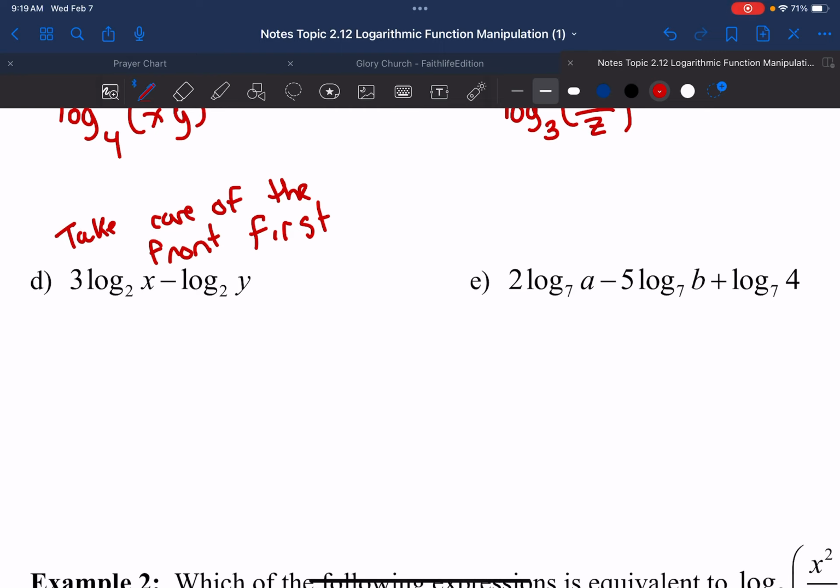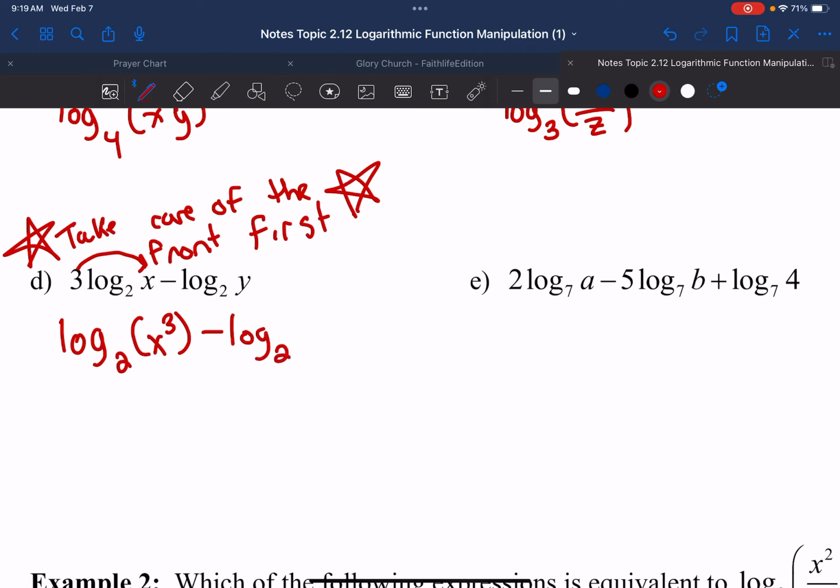It's going to make your life a lot easier. So what do I mean by that? I can move the 3 that's in front to the exponent of my argument. So I'd have log base 2 of x to the third minus log base 2 of y.